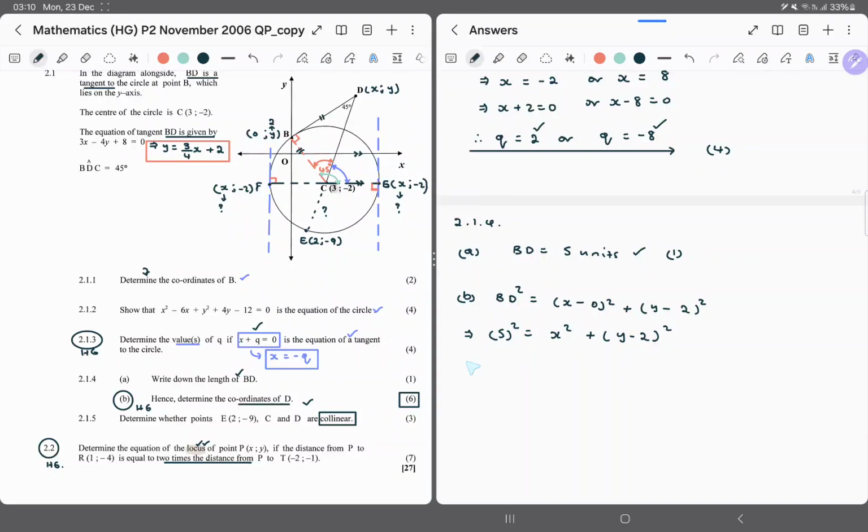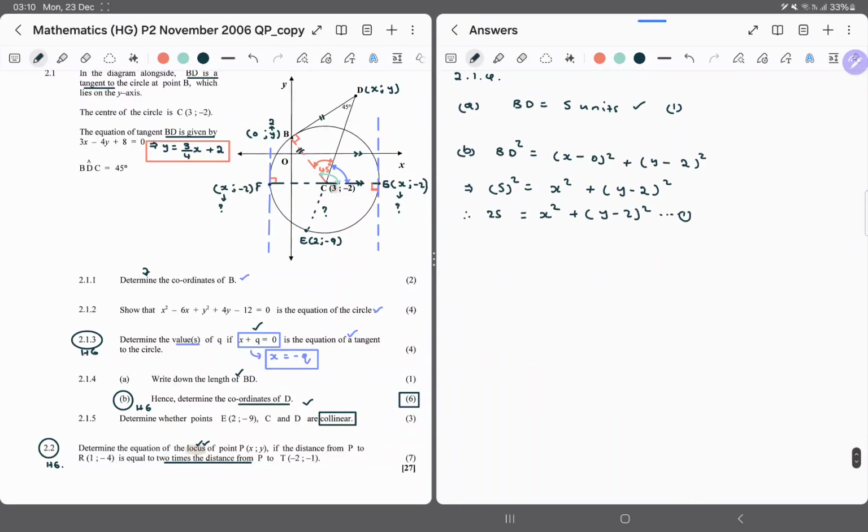We don't necessarily need to FOIL it out. So we get that 25 is equal to x squared plus (y minus 2) all squared. You can make that equation 1.